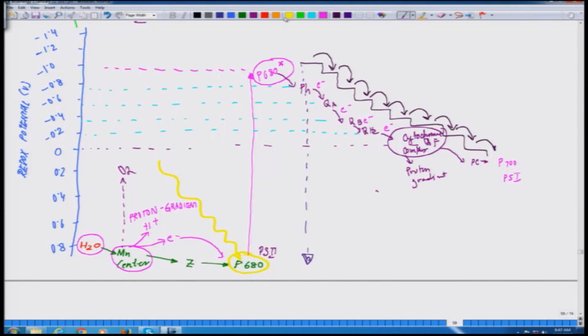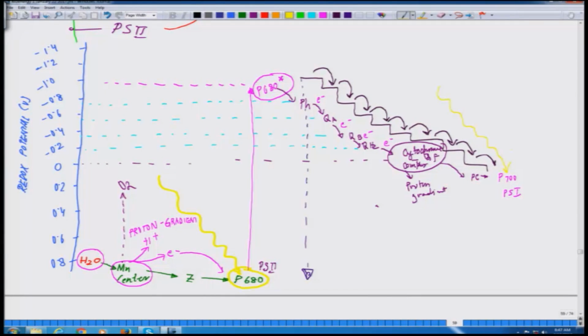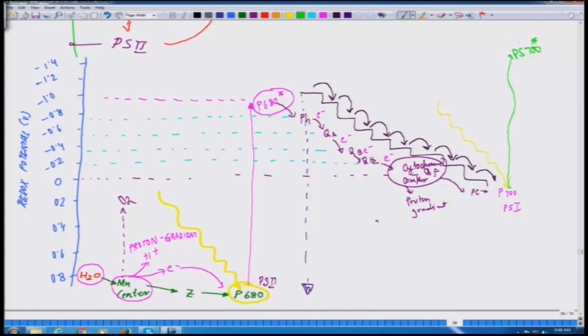Simultaneously, light also had fallen there, and the electron which is ejected out went all the way up to almost -1.4 volts. So, this is where the electron is sitting. Now, this electron again follows a cascade, exactly the way this cascade you see.